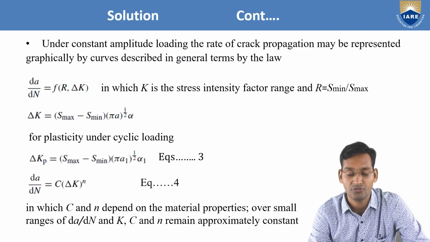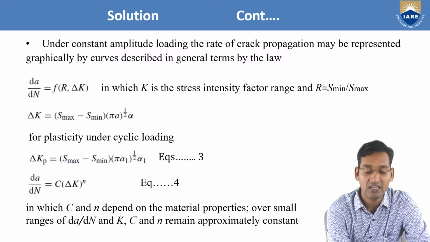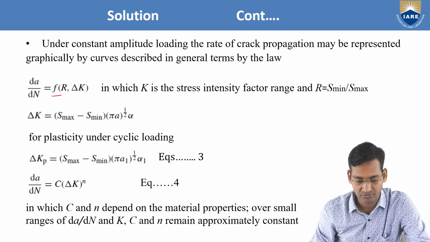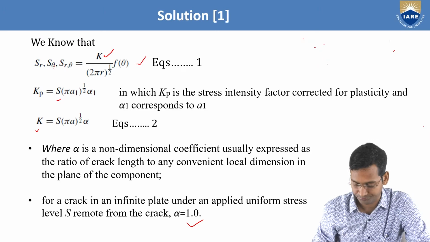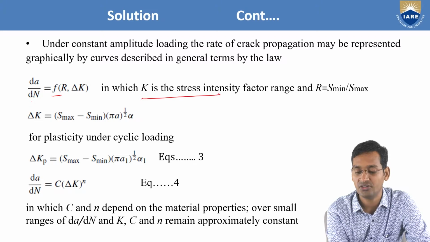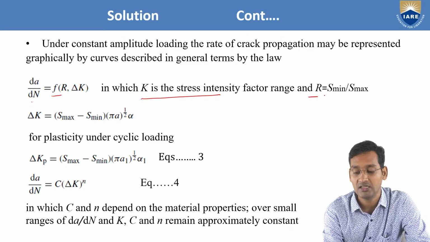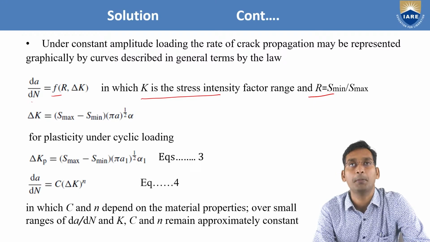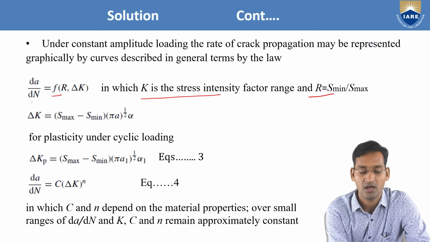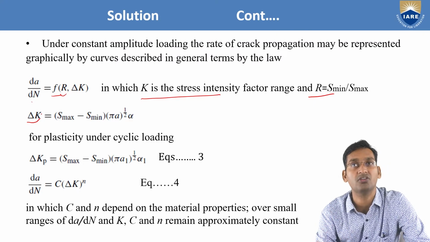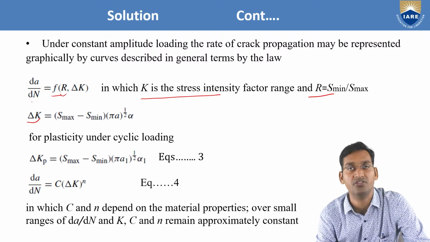So now in this law we can see dA by dN, which gives F of R, K, similar to the previous equation, in which K is the stress intensity factor that we already know. R is S min by S max, that is minimum stress by maximum stress. Then delta will be the range. In our numericals also the range is given.